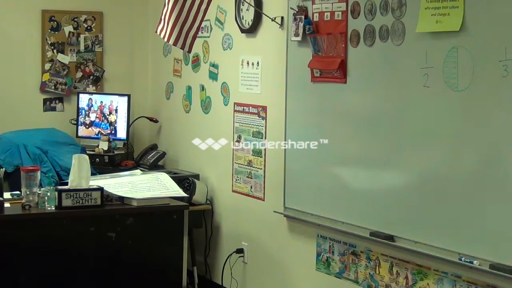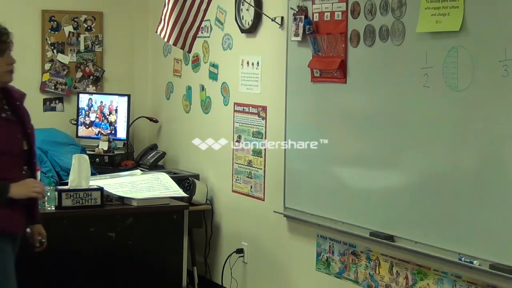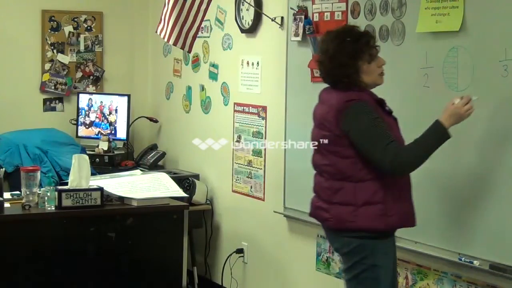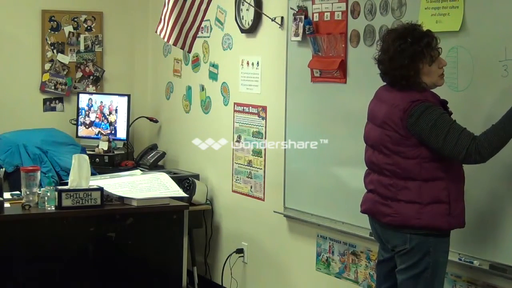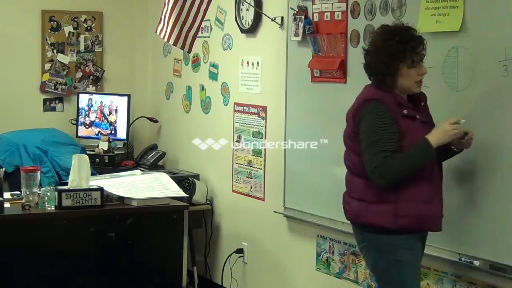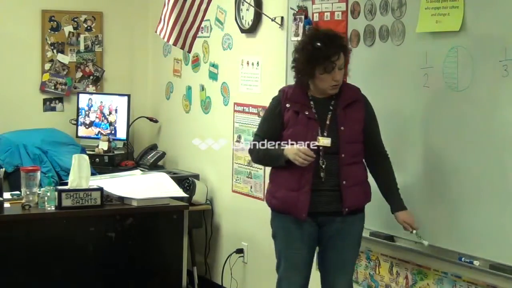Who has theirs divided into 3 equal groups? Oh, I dropped one. I have 24. Now we said if we have a third, it's 3 equal pieces or 3 equal groups.